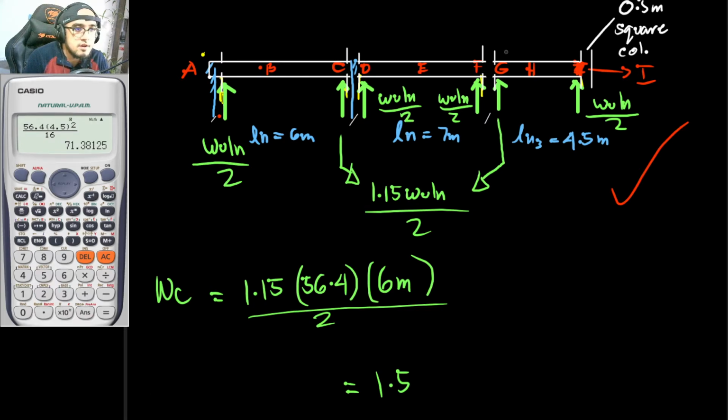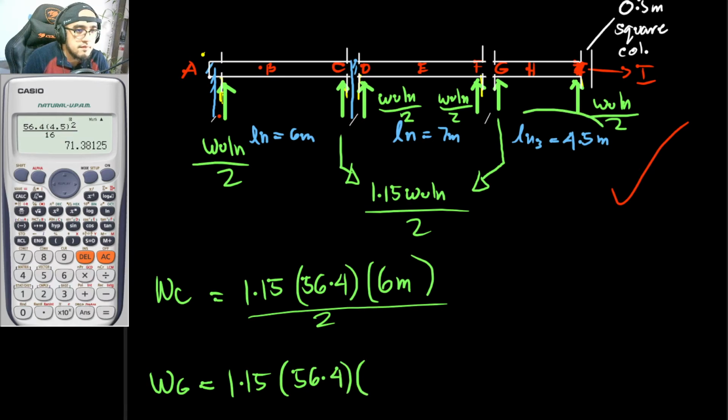And as for our WG, itong sa kabilang part naman, WG is now to be equal to 1.15 times 56.4 times 4.5. So ito yung span niya. So 4.5 meters divided by 2.